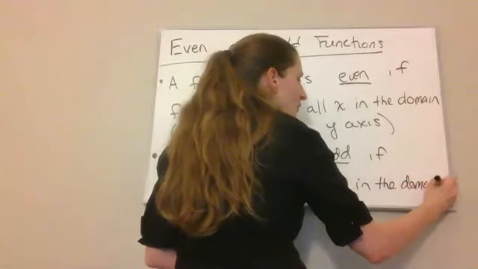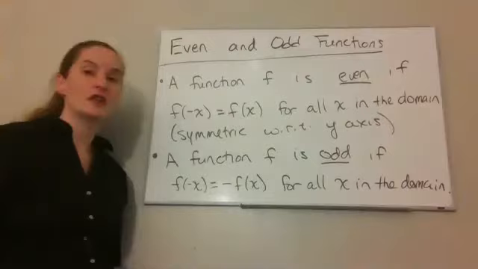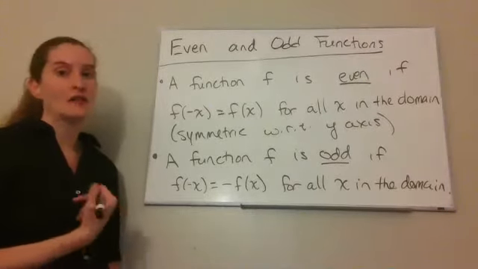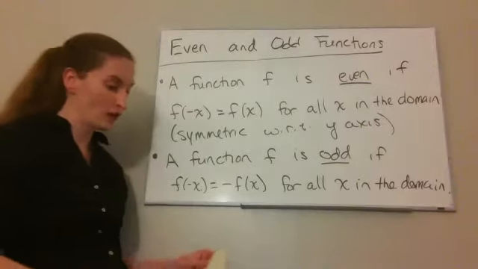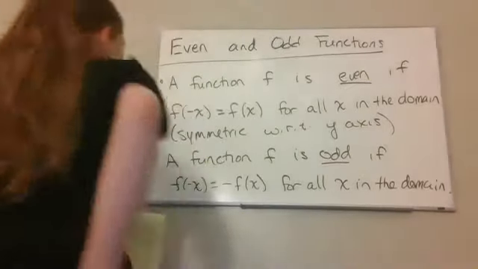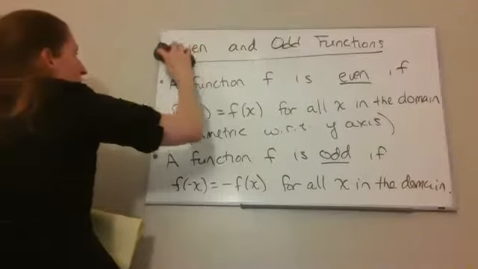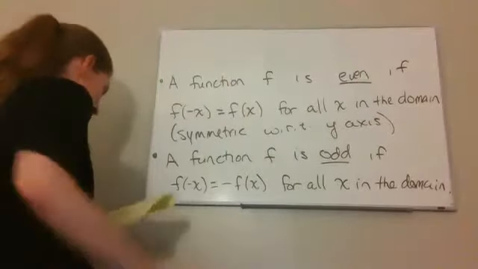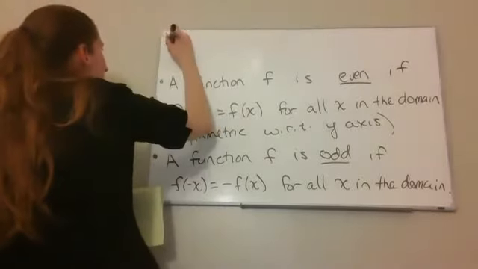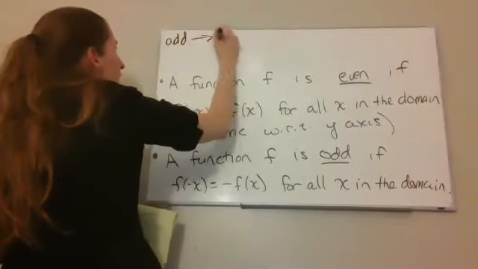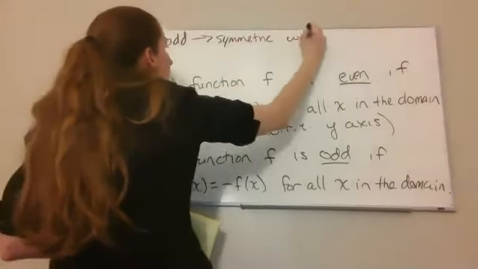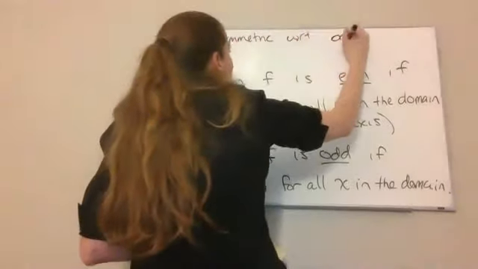Now this one's a little bit trickier to notice how it's equivalent to one of our tests for symmetry, but odd functions are functions that are symmetric with respect to the origin. Let me quickly write that down up at the top. Odd functions are symmetric with respect to the origin.